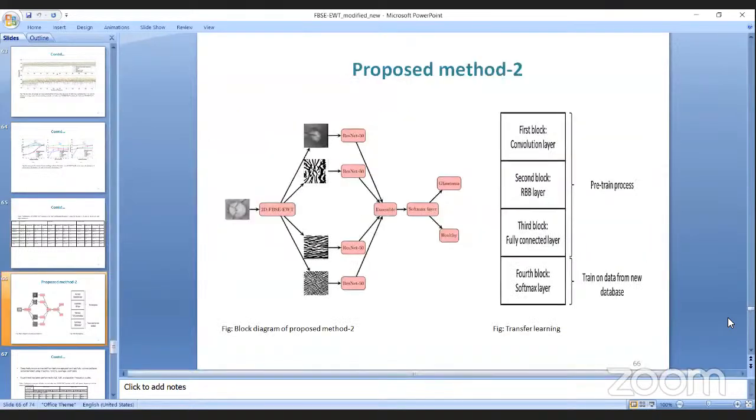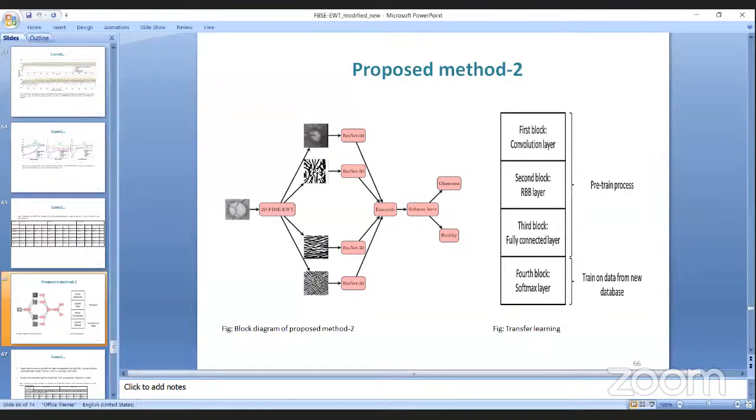This is the second proposed method for the automated identification of glaucoma based on fundus images. It is based on deep learning, a convolutional neural network. Here we don't need to obtain features; the CNN automatically learns features from the data itself. We take the green channel of the fundus image and apply the two-dimensional FBSE method.